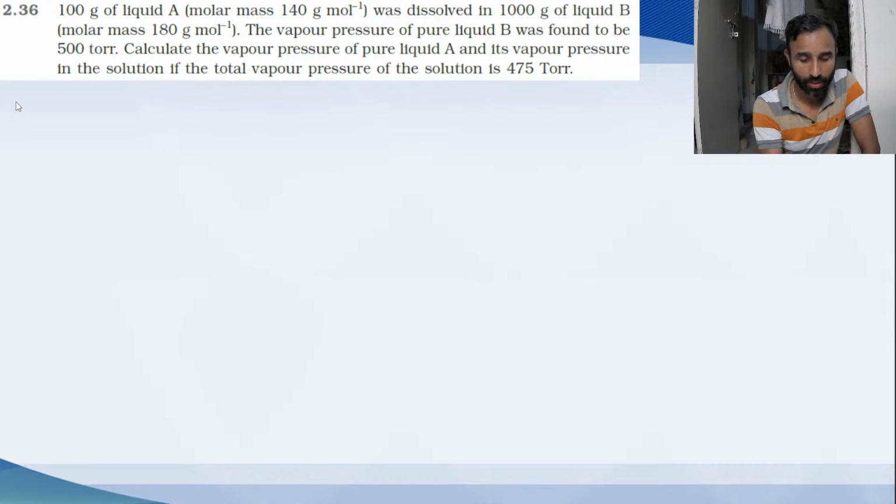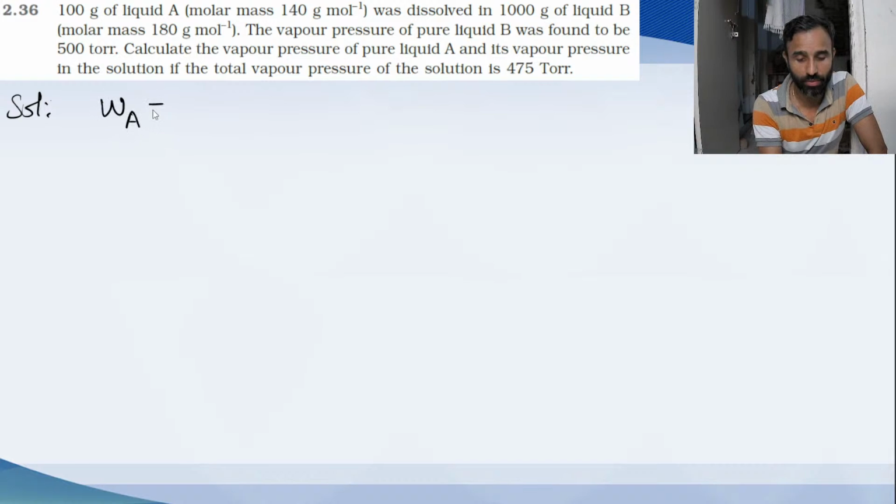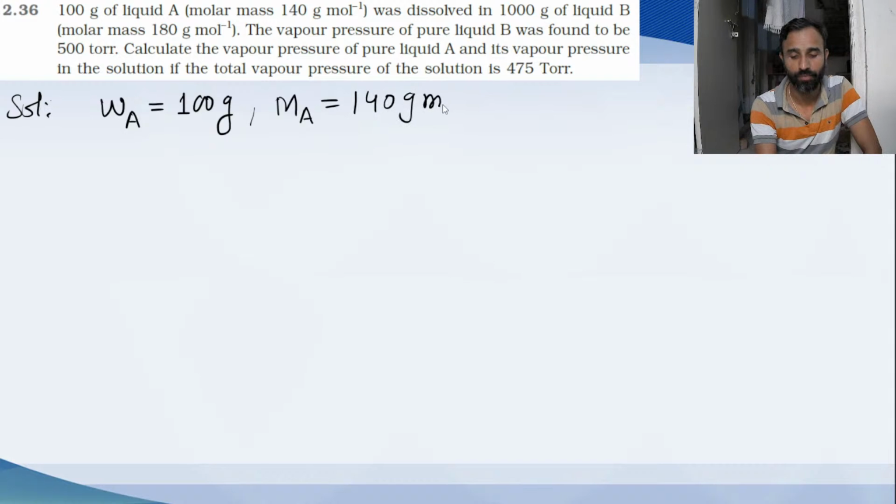So just write what is given to you. First of all, just write what is given to you. So what is given to you? WA is given to us, that is 100 gram. Molar mass of A is also given to us. Weight of B is given to us. Molar mass of B is given.